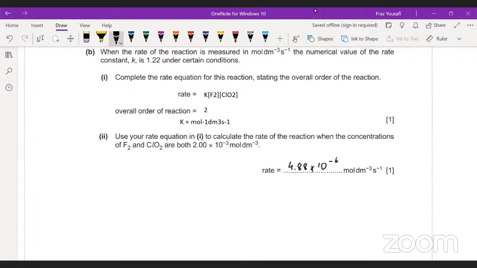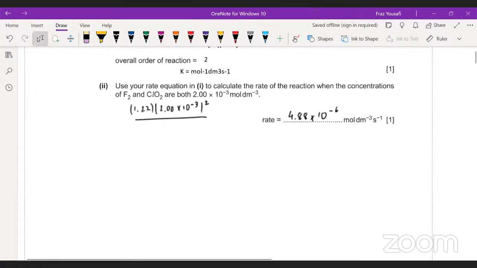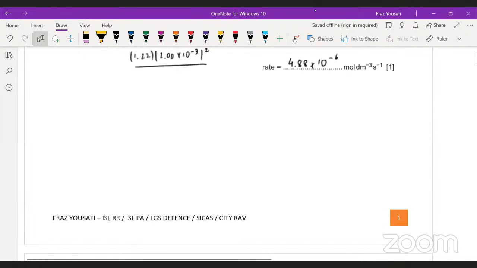And again, what we did here was we took our three expressions, the 1.22 and our two concentrations, and we simply multiplied them together. That's how we end up getting this numerical value.